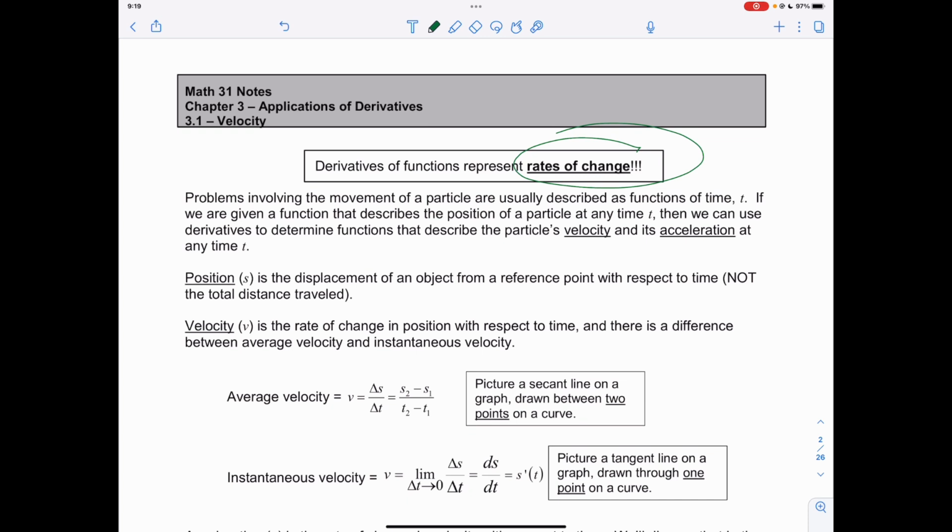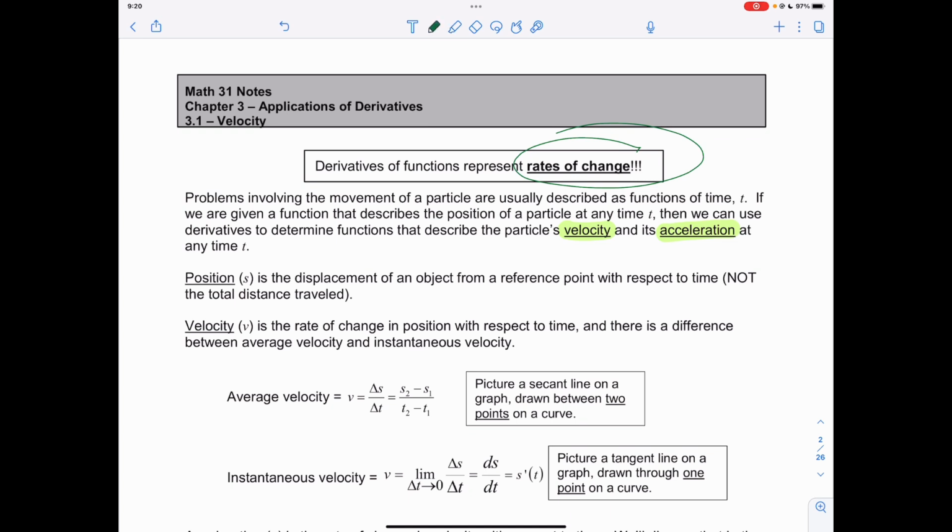If we're given a function that describes the position of a particle at any time t, then we can use derivatives to determine functions that describe the particle's velocity and the particle's acceleration at any time t.